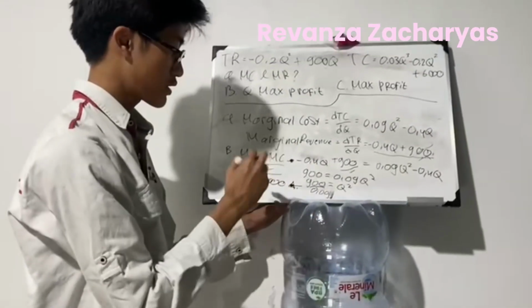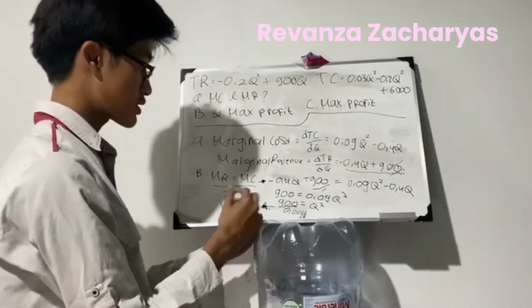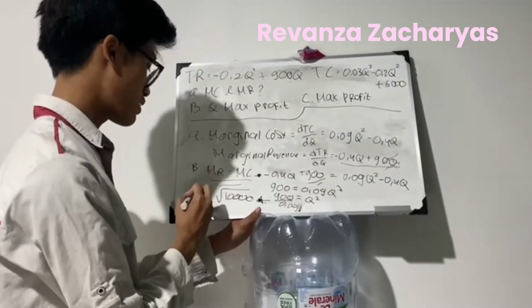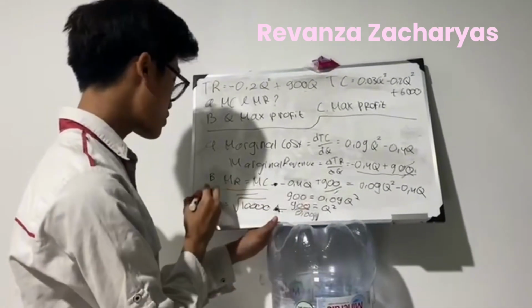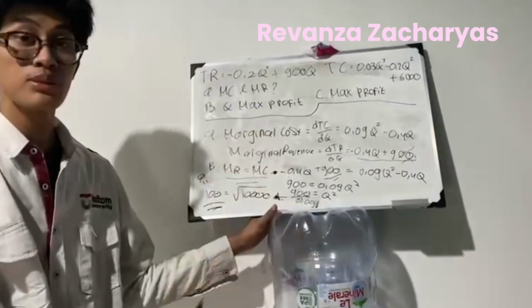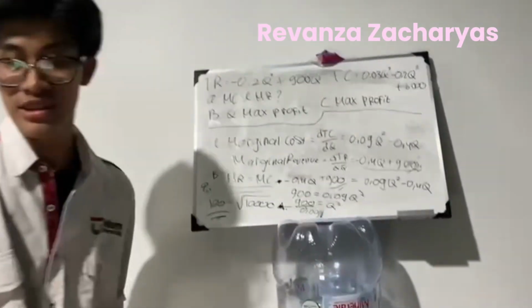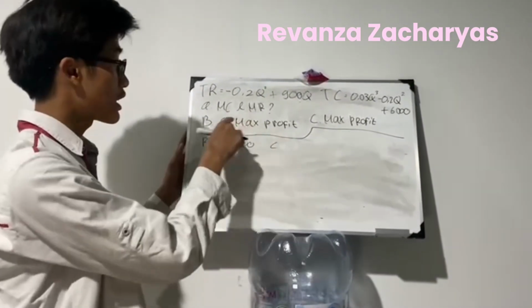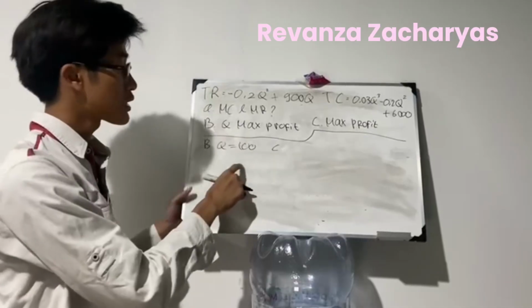I need to input here. The result is 100. So the Q is 100 for the maximum profit. So we already know the quantity of the maximum profit at question number B.